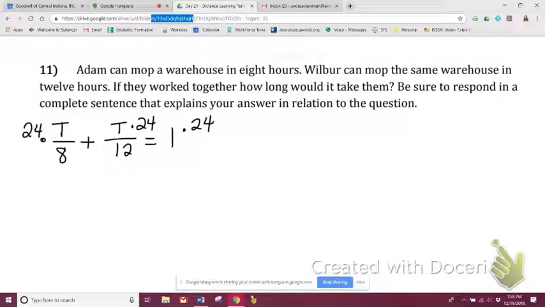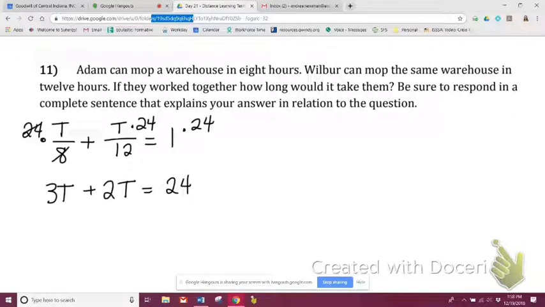Why does it have to be bigger? Because I have to be able to reduce both the 12 and the 8. So when I look at 24 divided by 8, that is 3, right? And the t comes down with it. For that second fraction, we're going to multiply t by 24 and divide by 12. Well, 24 divided by 12 is 2, so 2t.